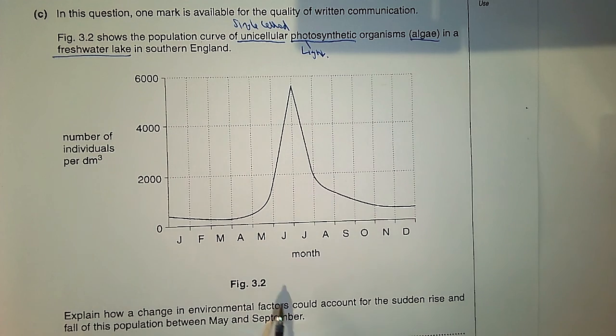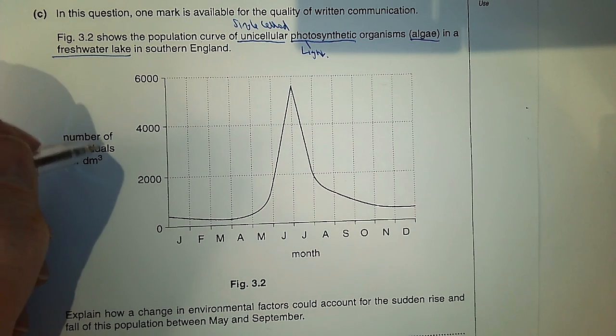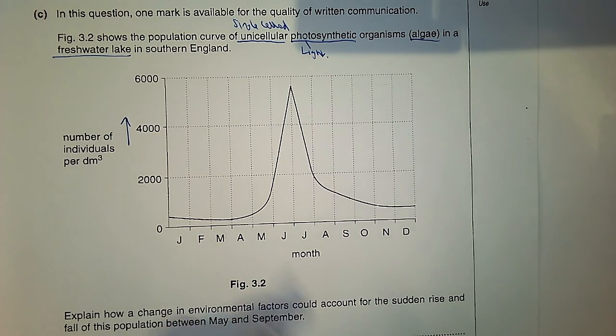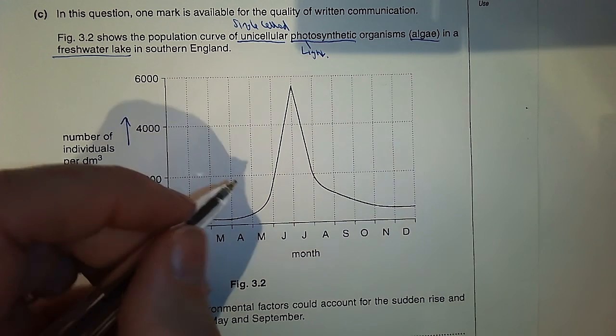We've then got figure 3.2, we've got number of individuals per decimetre cubed on the side, and we've got the months January to December along the bottom, and then we've got the population curve. So we can see here this population curve follows the general population curve that we've learnt.